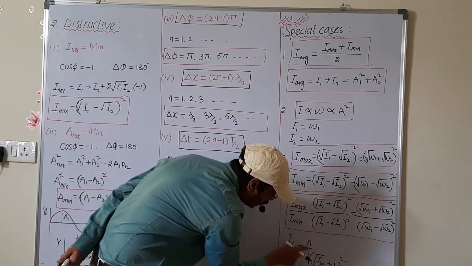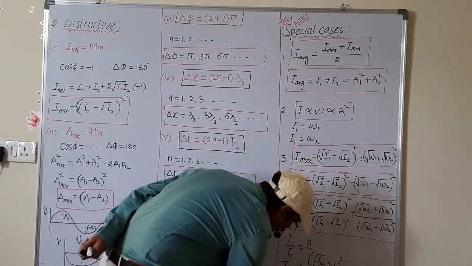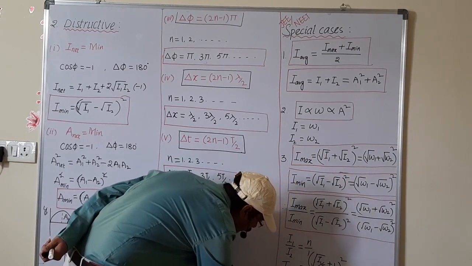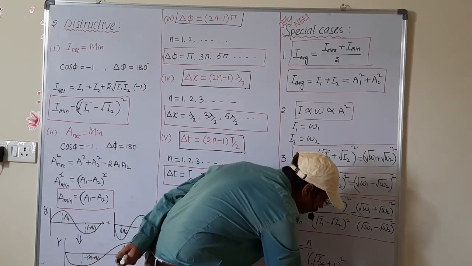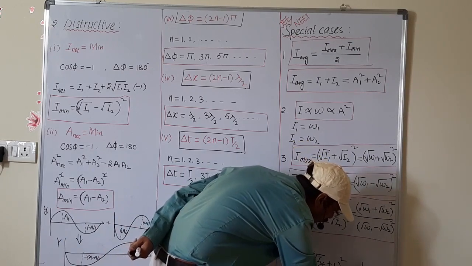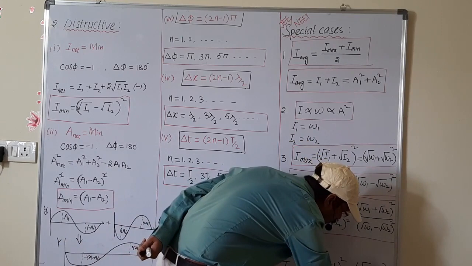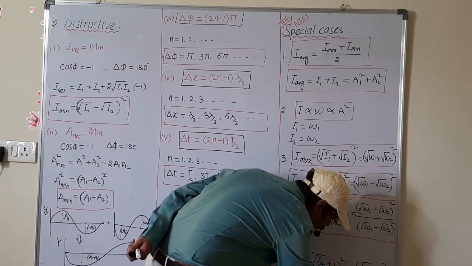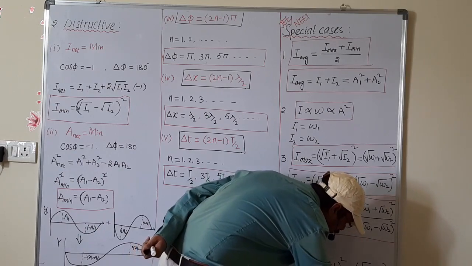Here this value we can write n. Then finally I maximum upon I minimum is root n plus 1 whole square upon root n minus 1 whole square.